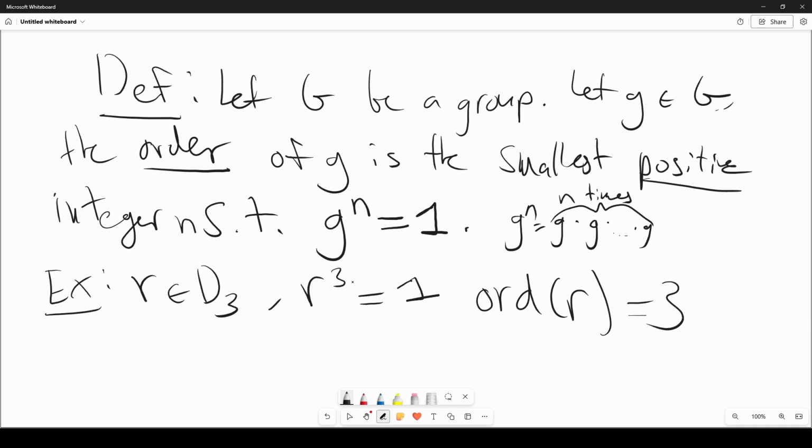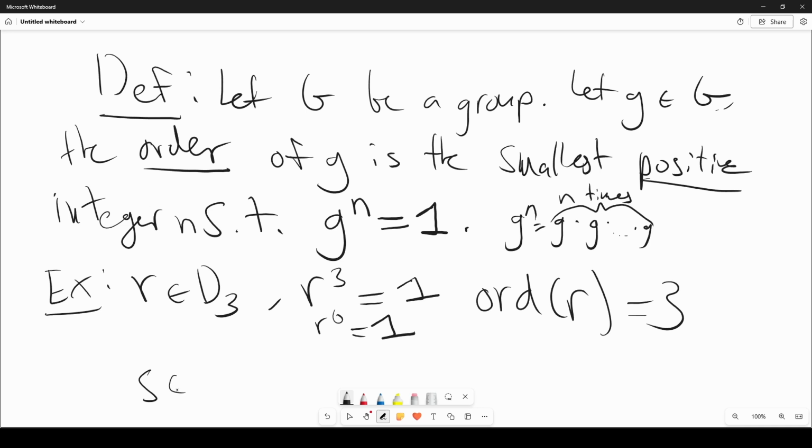Because no smaller power of r is going to get you back to the identity. You should also note that you get something like r to the 6th equals 1, and r to the 9th equals 1, so on and so forth. But we don't say the order of r is 6 because the smallest positive integer where this is true is 3.